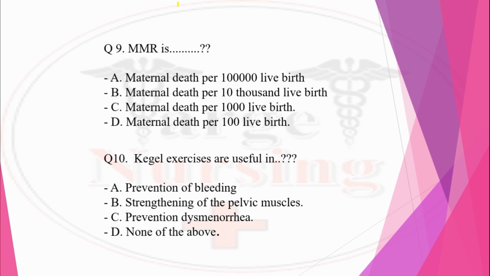Option A is maternal death per 1 lakh live births, B is maternal death per 10,000 live births, C is maternal death per 1,000 live births, and D is maternal death per 100 live births. So MMR refers to maternal deaths per lakh live births.